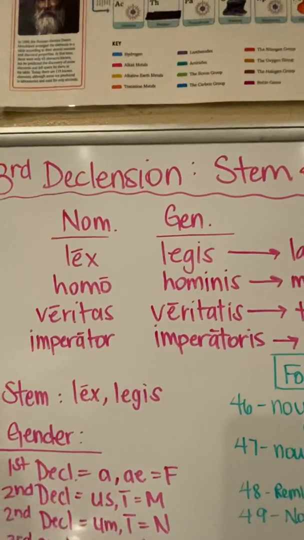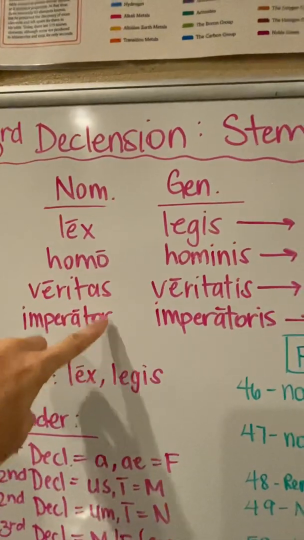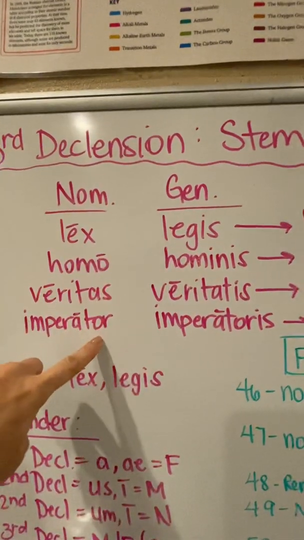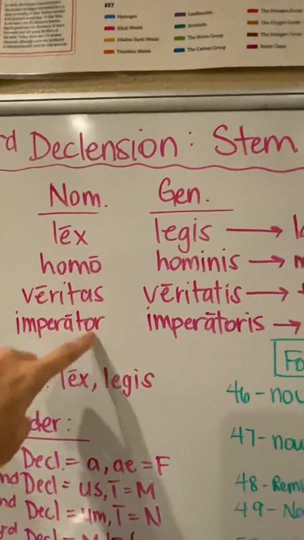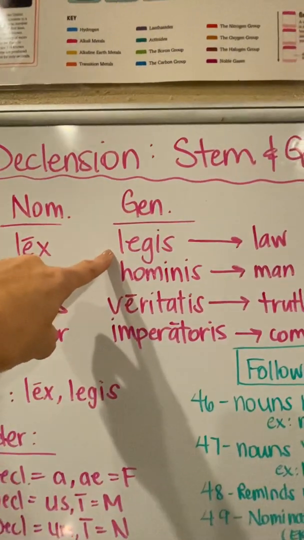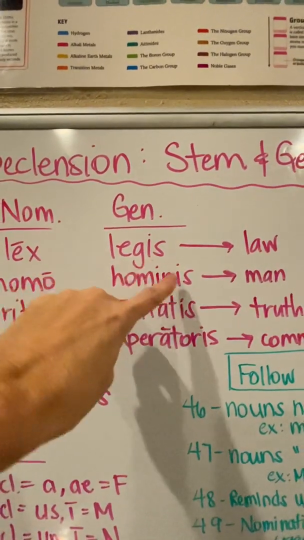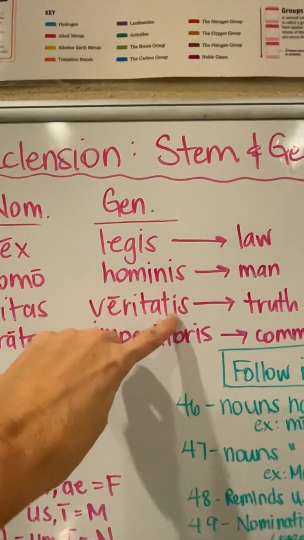What we start to recognize is that there's nothing set in these nominative endings. These are all various endings. When we get over to the genitive of each vocabulary word, we start to recognize a pattern, and that is that we have an is ending in each of these.